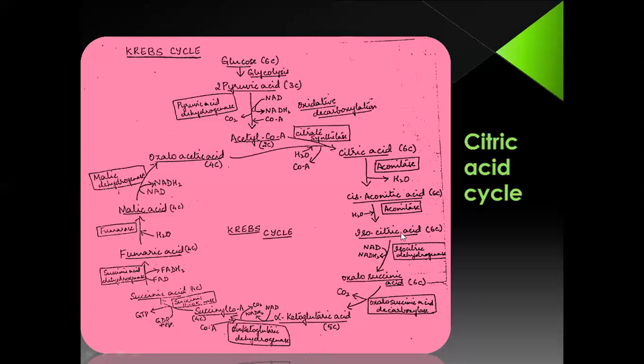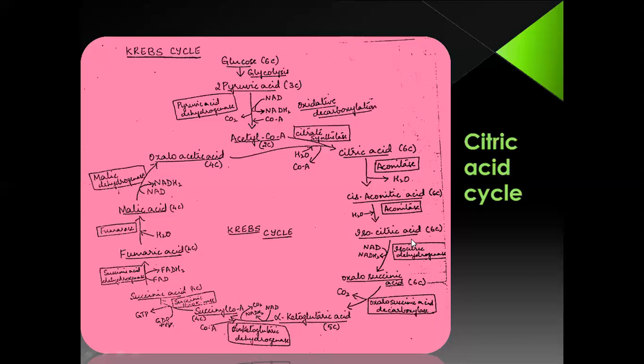Again, this 6-carbon isocitric acid undergoes oxidation or dehydrogenation under the influence of an enzyme named isocitric dehydrogenase to form oxalosuccinic acid, which is again a 6-carbon compound.